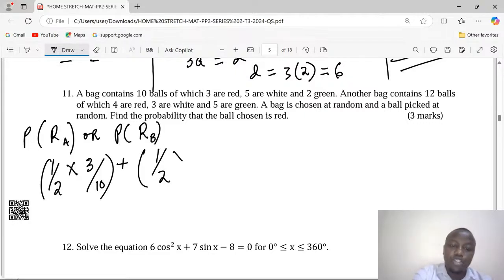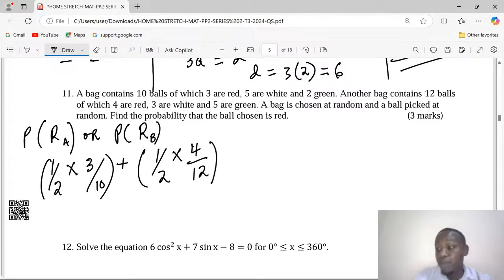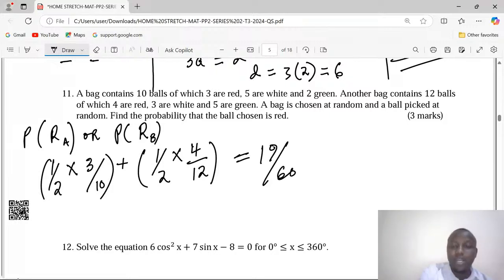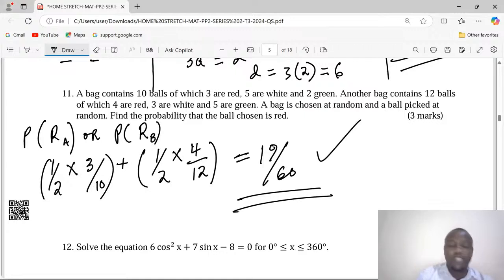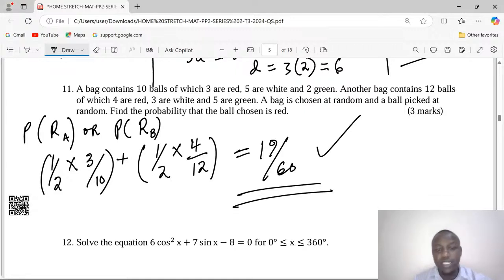So half multiplied by picking red from this one, which is 4 divided by the total balls, which is 12. So this computation is going to give us 19 out of 60. So that is the probability.